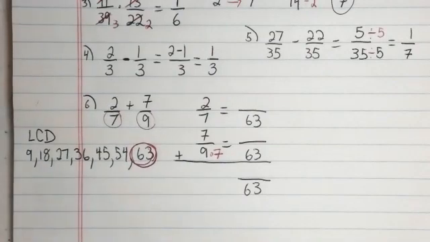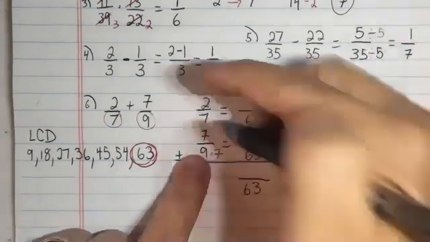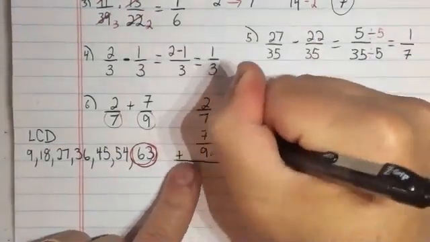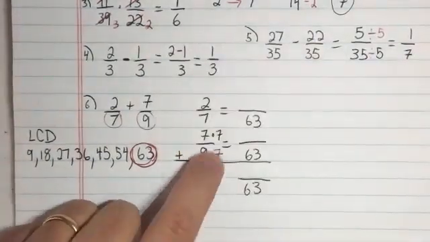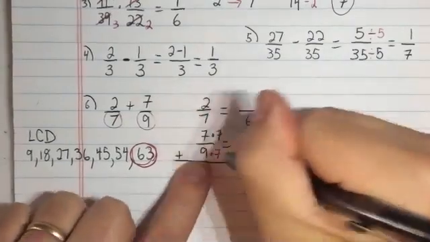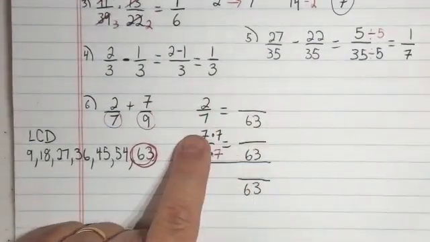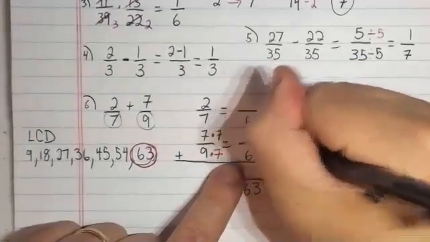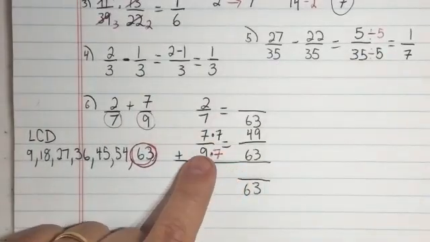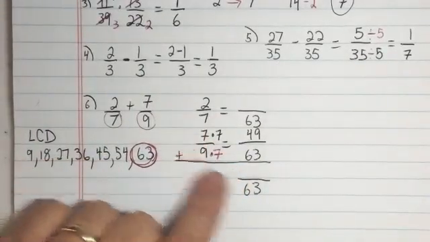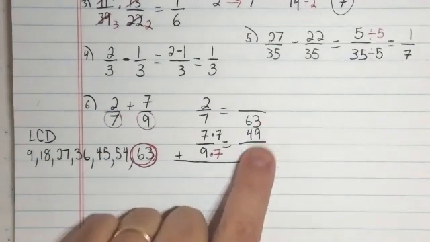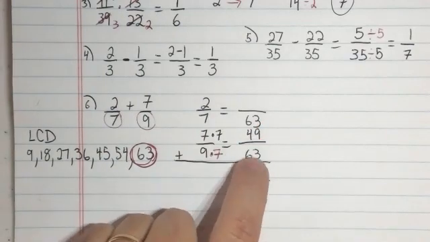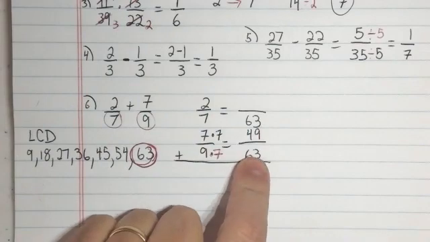Whatever I do to the bottom, I have to do to the top as well. So I'm going to multiply the top and bottom by 7. So 9 times 7 gets me to 63. 7 times 7 will give me 49. So basically what I did is I changed 7 over 9 to 49 over 63. Technically, this is still 7 over 9, but it's written with a denominator of 63.